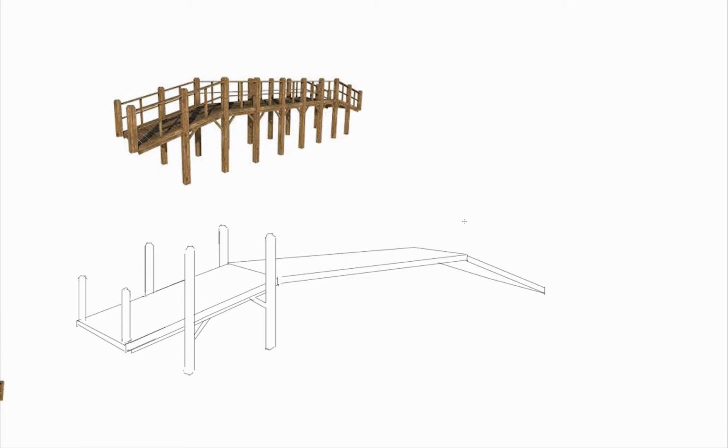Okay, now we have roughly 1, 2, 3, 4, 5 sticks, or 6 actually, on this bridge. So I'm just gonna go ahead and measure out based on what I have, because it looks like mine is a little bit shallow or shorter, so I'm gonna do about 5.